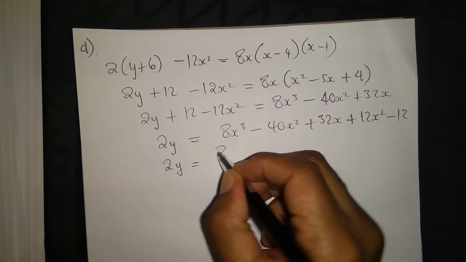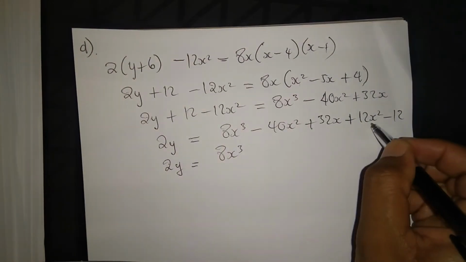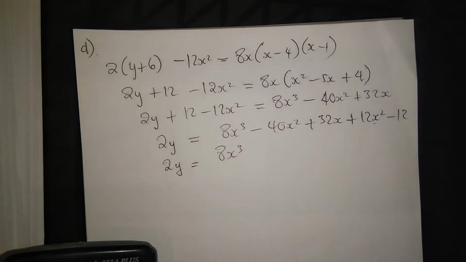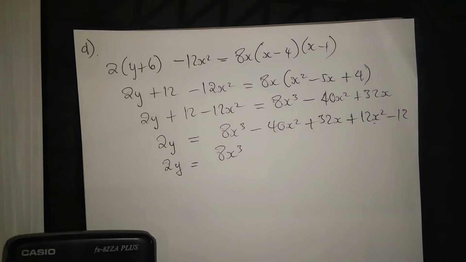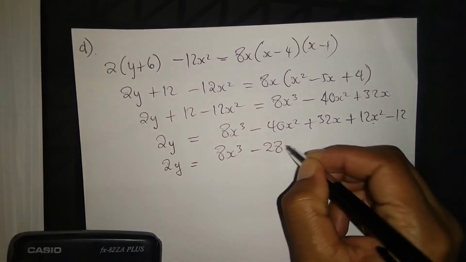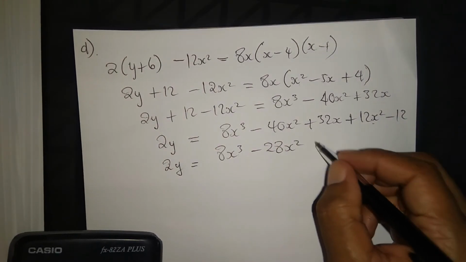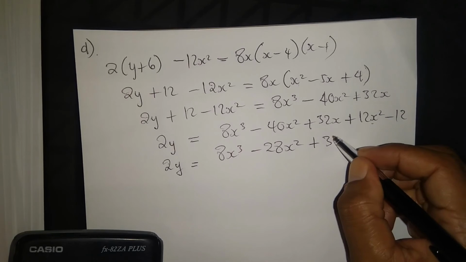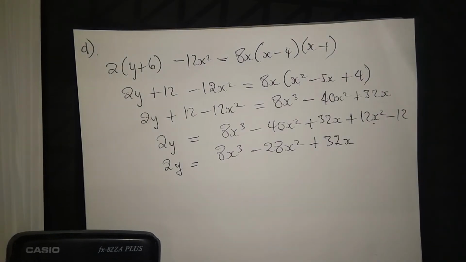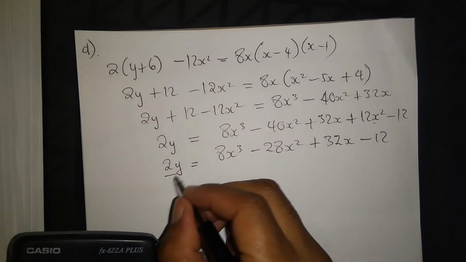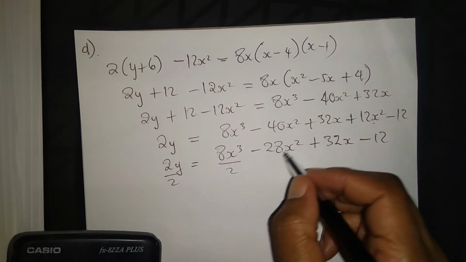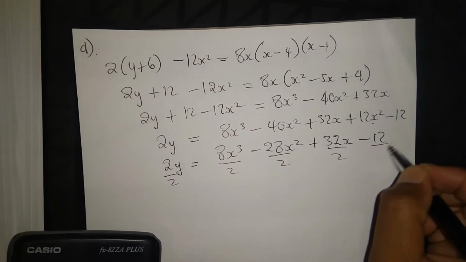2y is equal to, let me collect my like terms, minus 40 plus 12, it's minus 28x squared plus 32x, and the minus 12. So therefore, divide every term by 2.